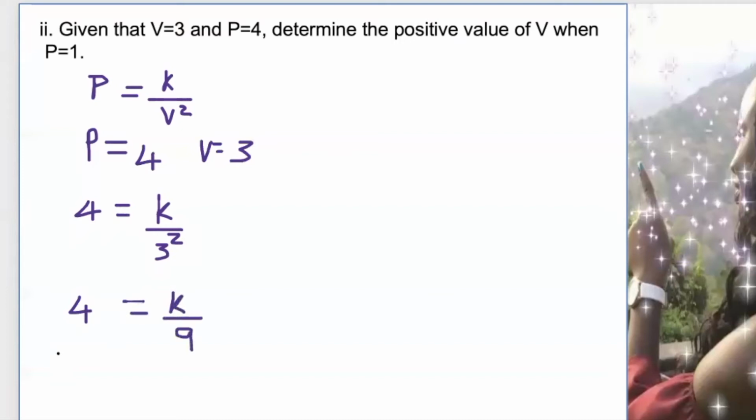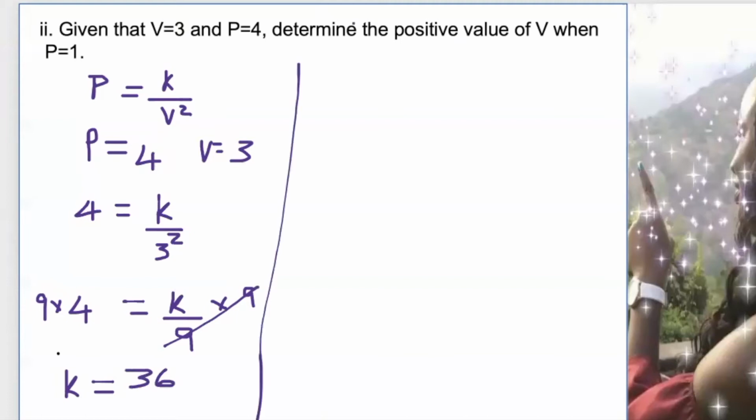Now you can either cross multiply or multiply both sides by 9 to get rid of it in the denominator. So multiplying by 9, the 9's cancel, and 9 fours are 36. So here I have K to be 36. Now I'll be replacing K with the 36.